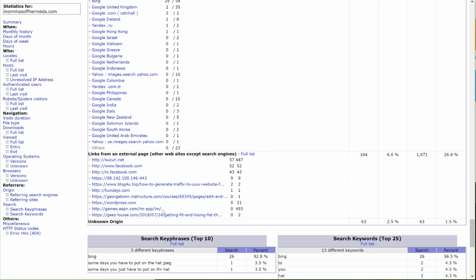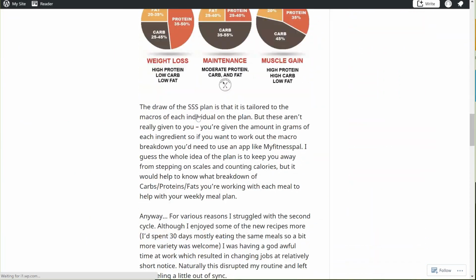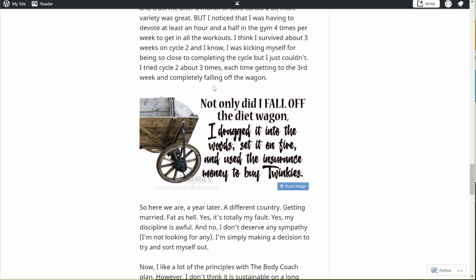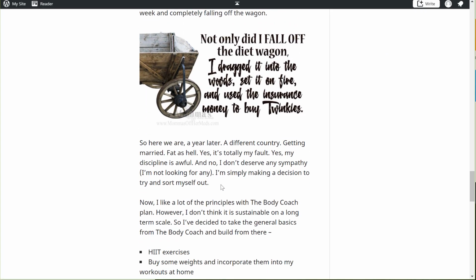This actually is a real thing, geez Louise. It looks like she is using one of the memes that I made. So she took that off my site, and I'm not positive how it linked back to me, except it has my URL in my watermark. So I would say somehow it figured it out.